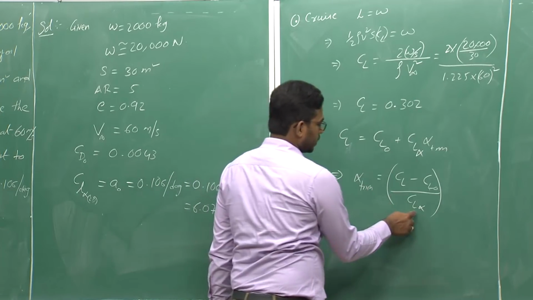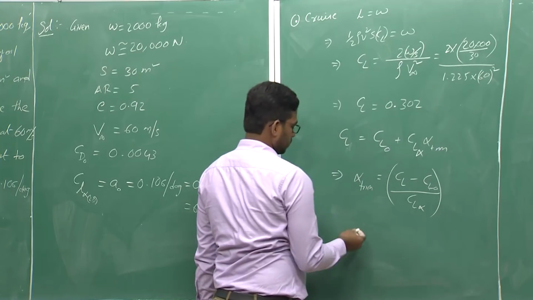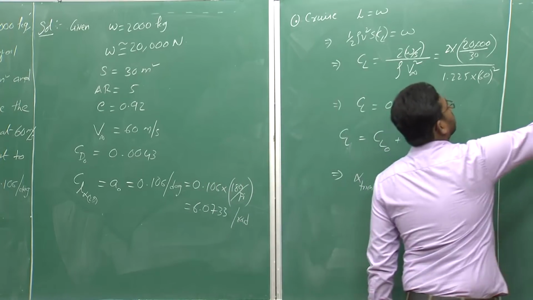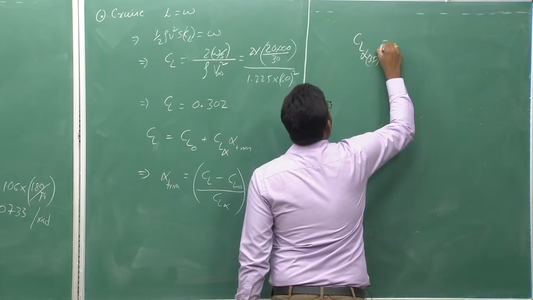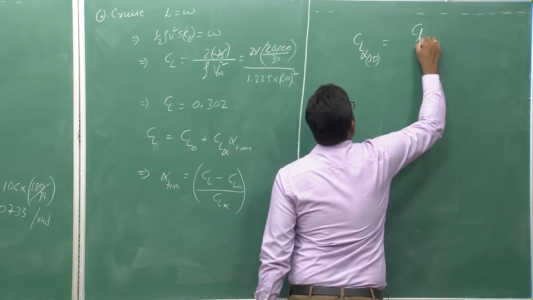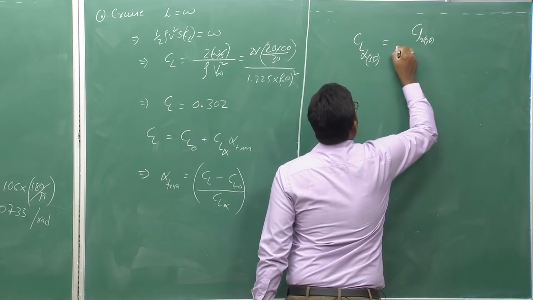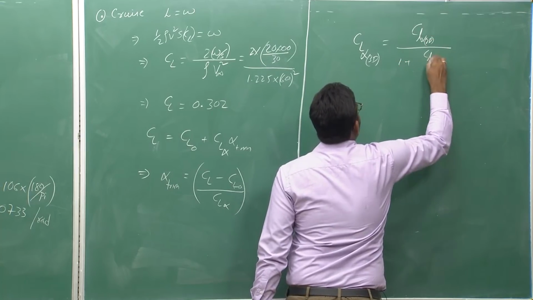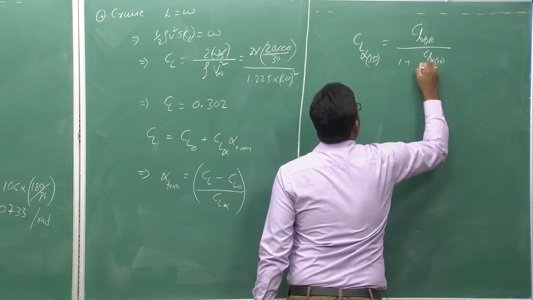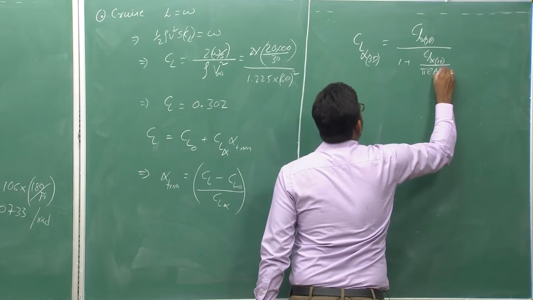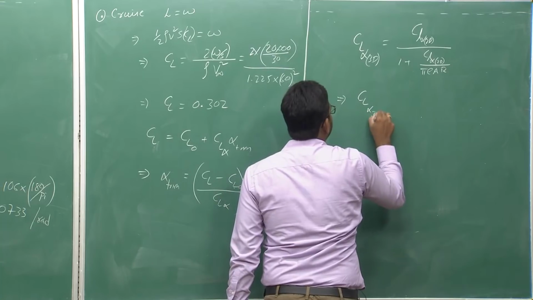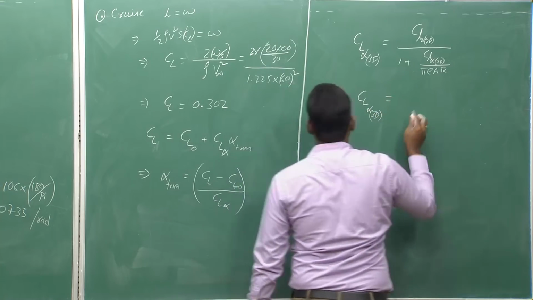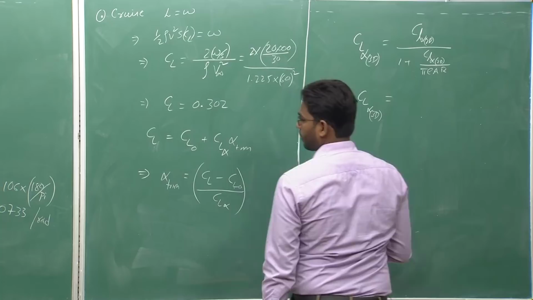Now, how to find the CL alpha of the wing? We have the relationship we derived earlier. CL alpha 3D for the wing is equal to CL alpha 2D divided by 1 plus CL alpha 2D divided by pi E AR. What is CL alpha 2D in this case?